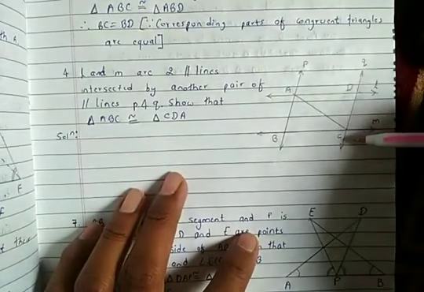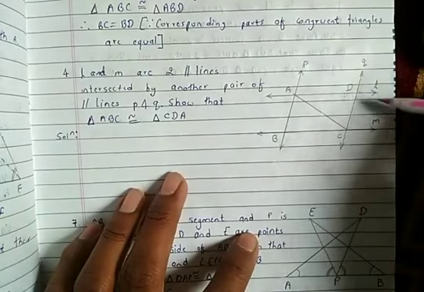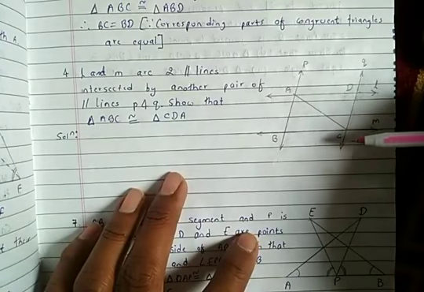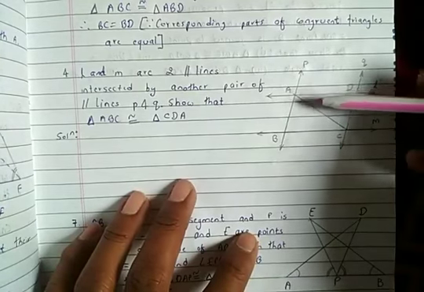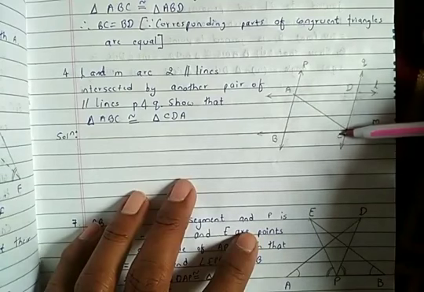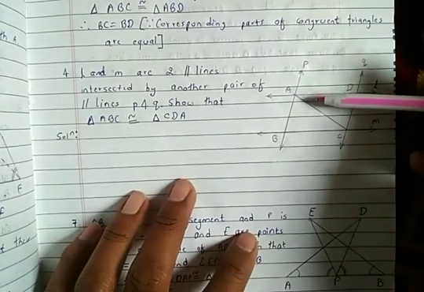P, Q are parallel and L and M are parallel, right? Now we have to show that triangle ABC is congruent to triangle CDA, right?